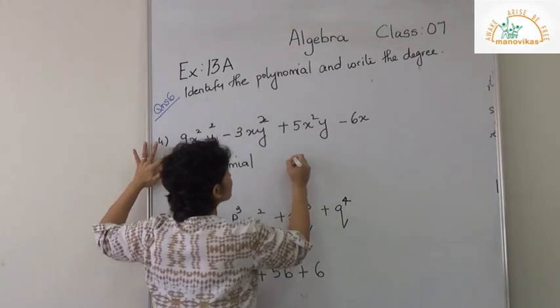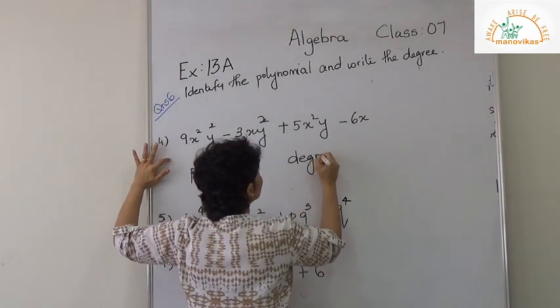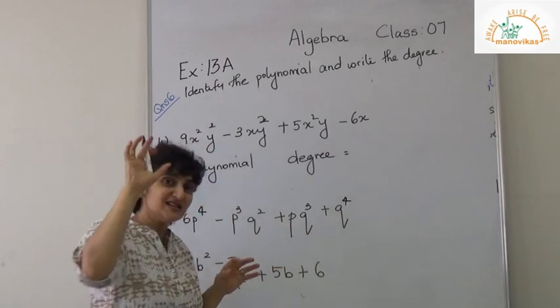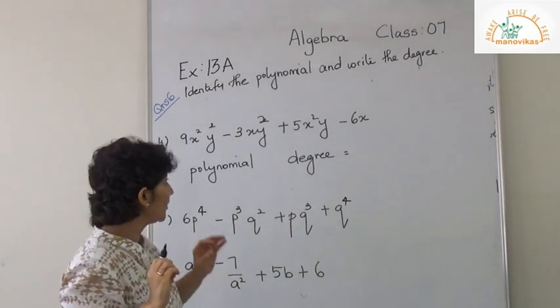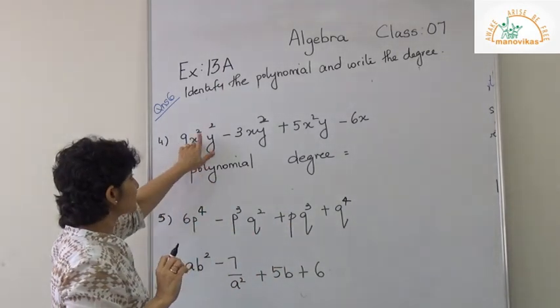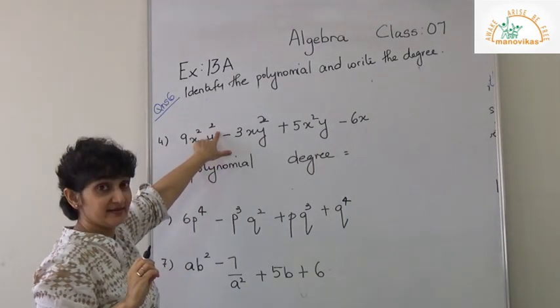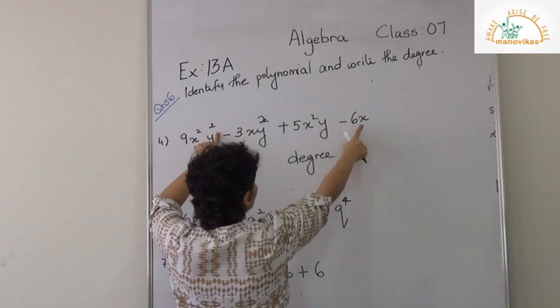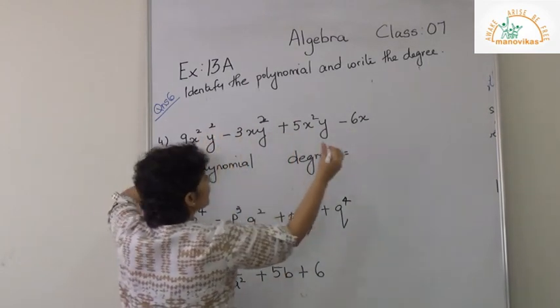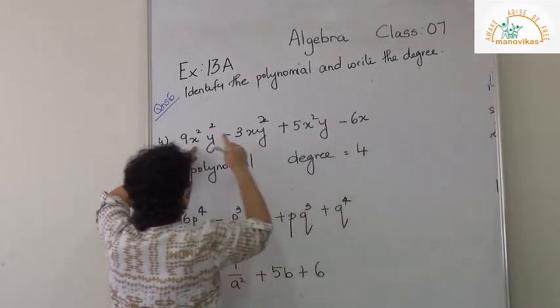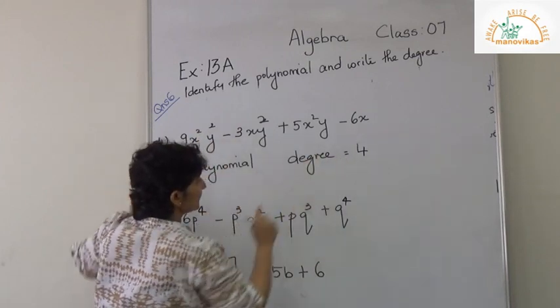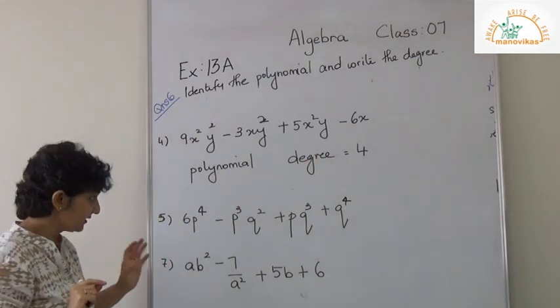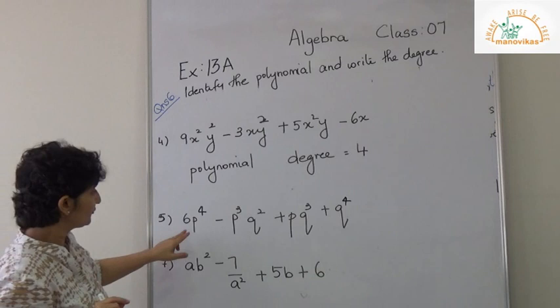And if I ask you the degree here, remember the highest exponent becomes your degree. I have x squared y squared here. There is 2 and just 1 here. So here the degree will be 4. 2 plus 2 gives me 4. Correct? Now let's go to the fifth one.